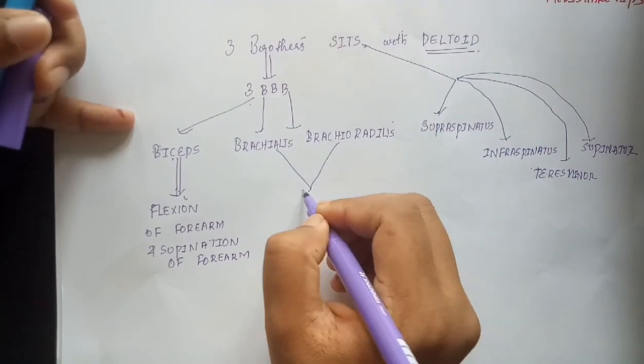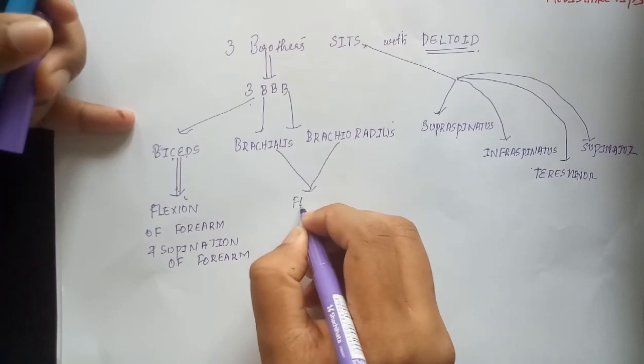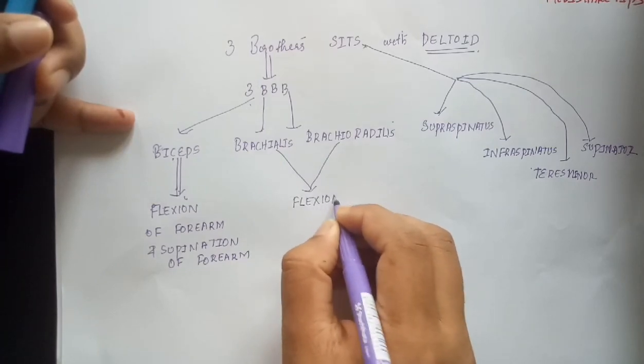Brachialis and brachioradialis cause flexion of the forearm.